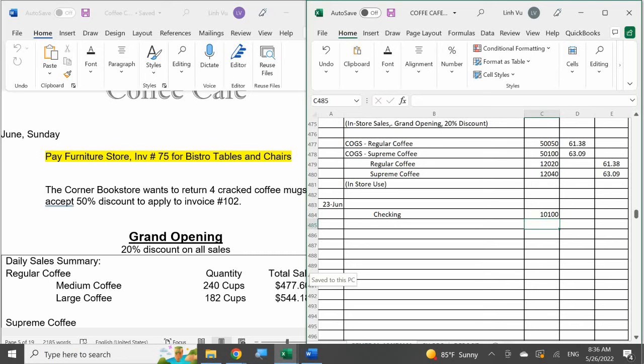Oh, yes. So if we already received the bill and we're paying it now, when we received the bill, we said we're going to pay it later, right? Yes. So what account represents that? That I'm going to pay later. Accounts payable. Good.